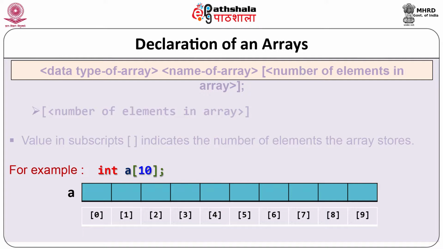As we know, an array is indexed from 0, which means A[0] is the first element and A[9] is the last element, that is the 10th element. This way you can use an array in the program.